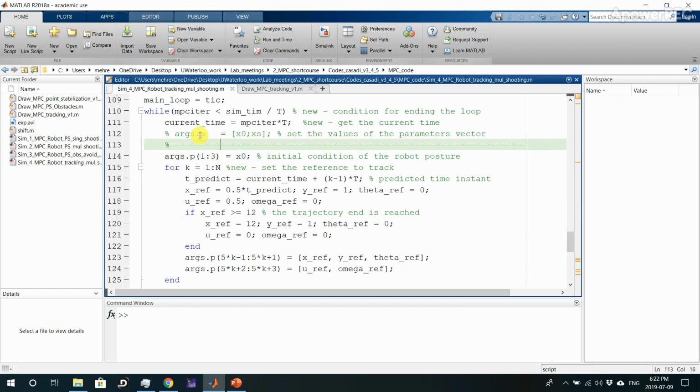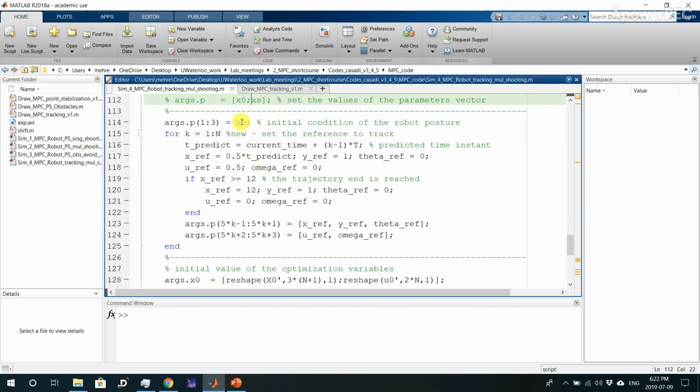Alright, so previously in the point stabilization case, we were filling this vector by just the initial condition and the reference condition, which was fixed. But now, as the reference is changing for every prediction step, we will fill the args.p vector differently. So again, the first three elements in the args.p are going to be the initial condition for the robot. And inside this for loop, we will fill the rest of args.p.